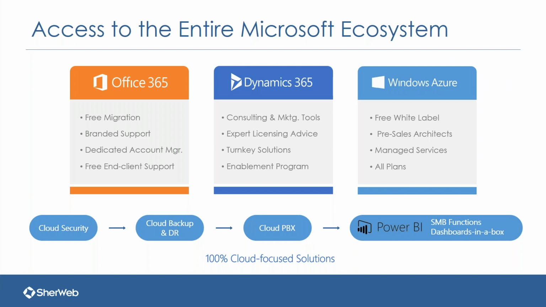And from here, our portfolio started to grow and grow. And now we can assist partners on the entire Microsoft ecosystem: Office 365, Dynamics, Azure. We have different offers depending on the product. But we also grow around other things that Microsoft doesn't have yet, so some security, some backup, cloud PBX, and so on.